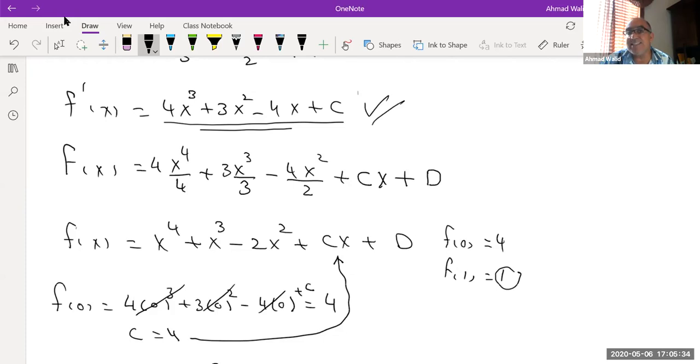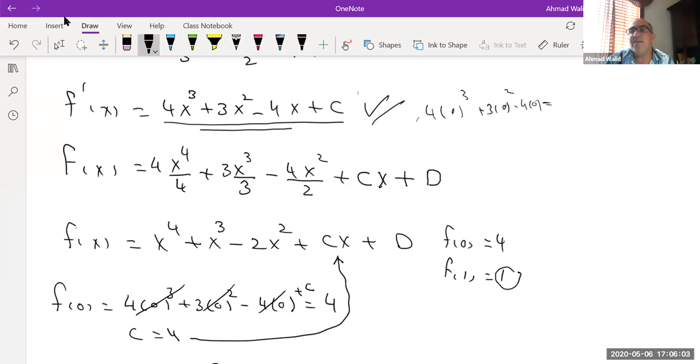It means on this side you have 4, right? 4 equals 4 times 0 cubed plus 3 times 0, and when you solve for c from there, you can find c is equal to 4, right?